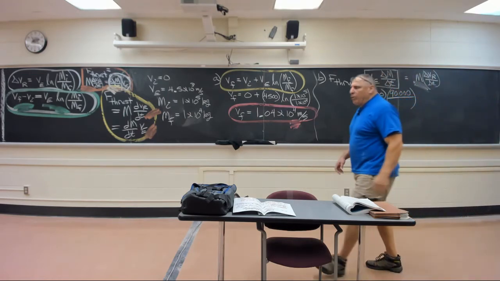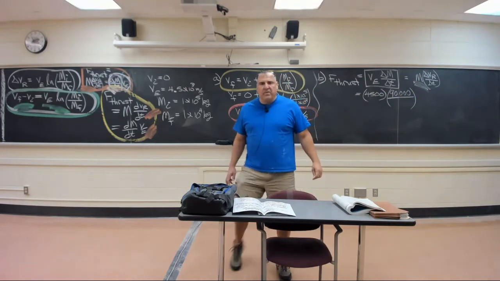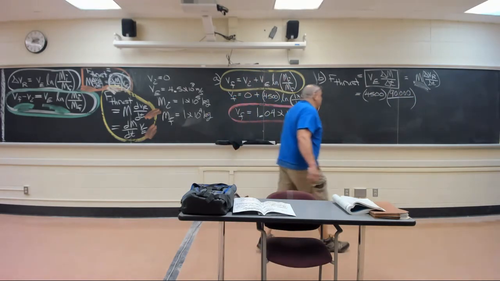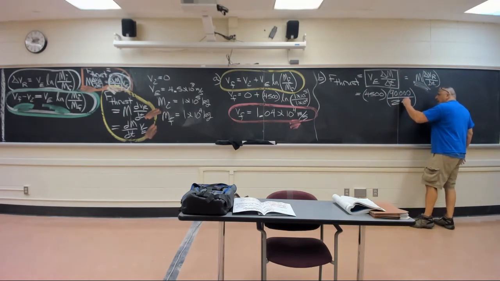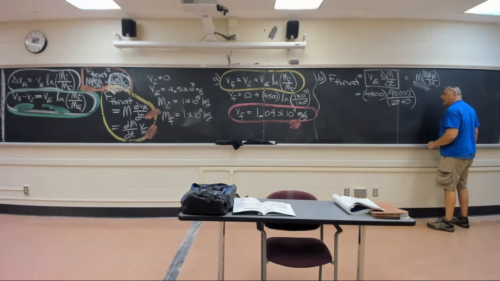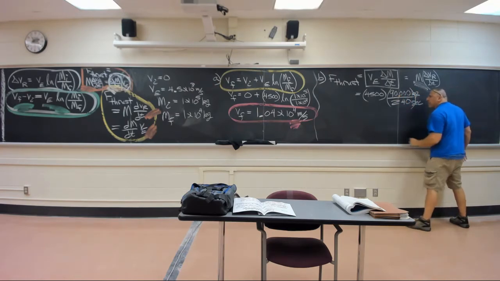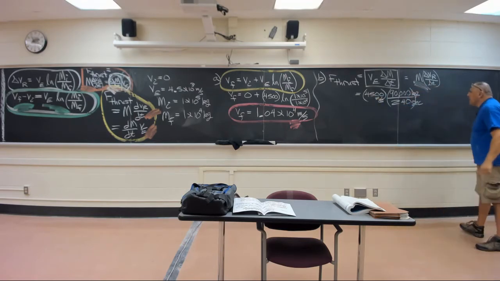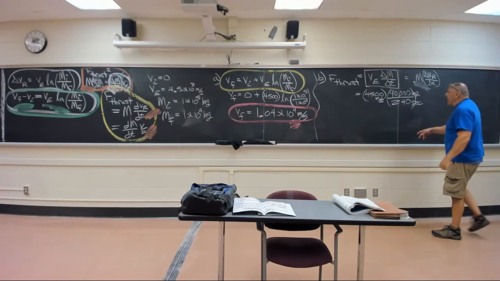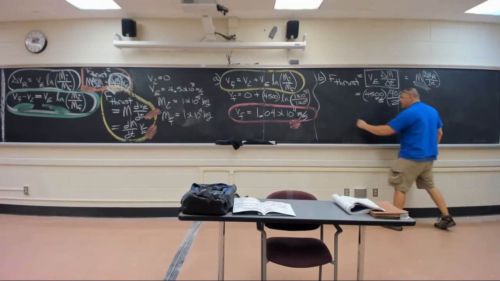It happened in 4 minutes. Every minute's got 60 seconds, so that's 240 seconds. 90,000 kilograms over 240 seconds, times meters per second. Trust me when I tell you it's going to be kilograms meters per second squared at the end of the day.